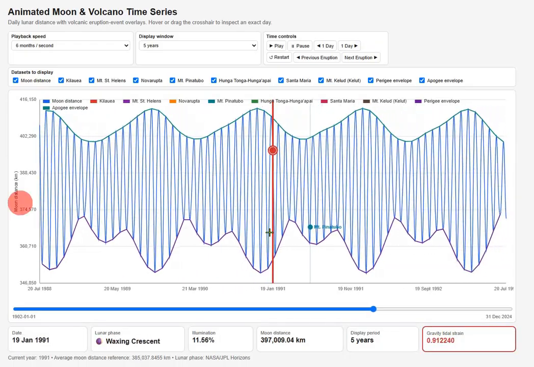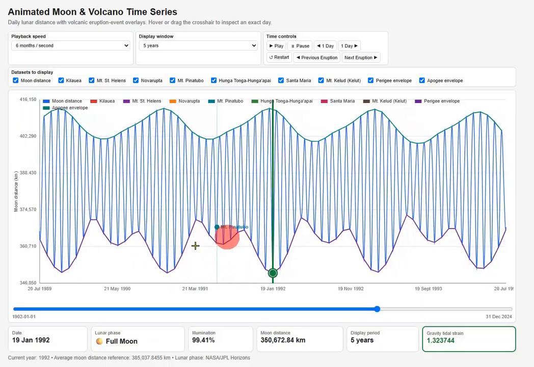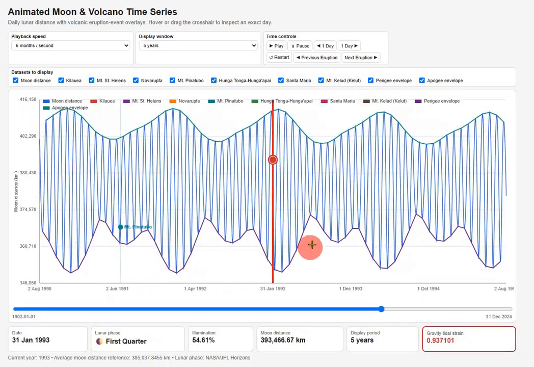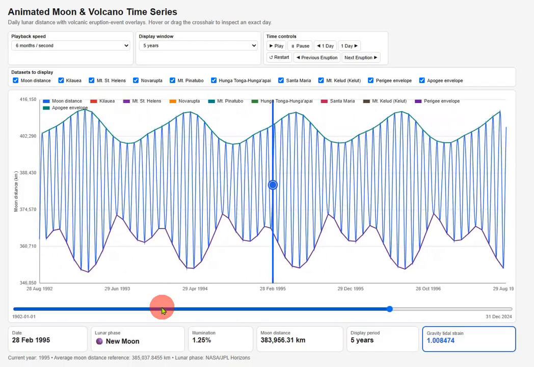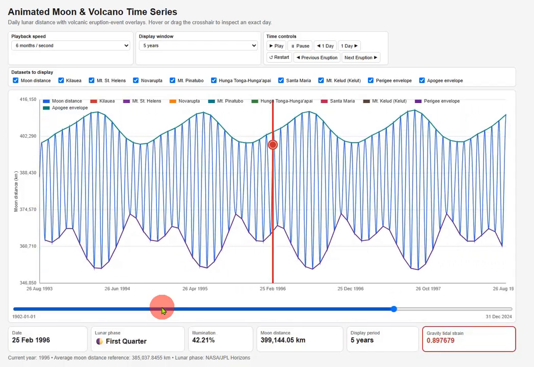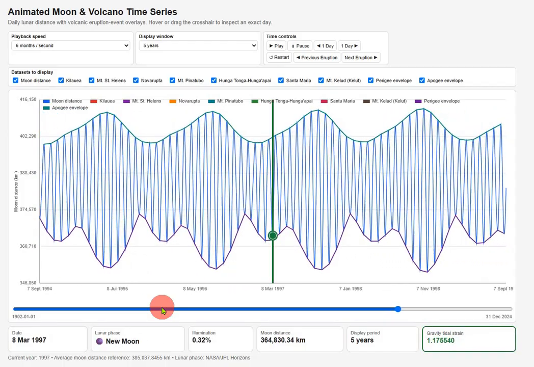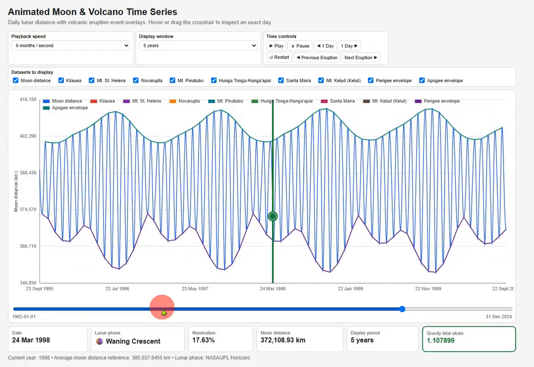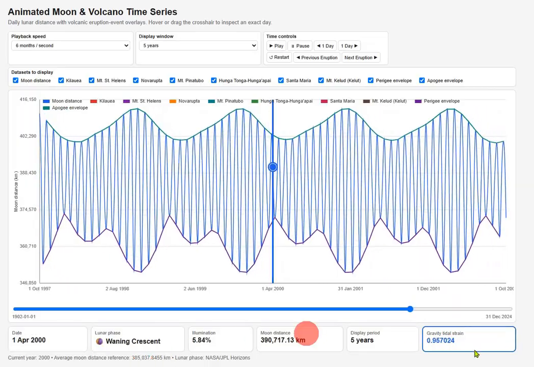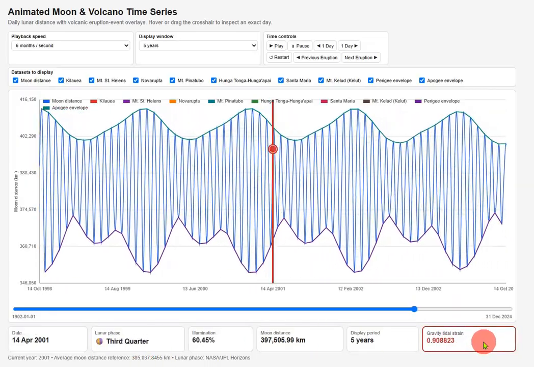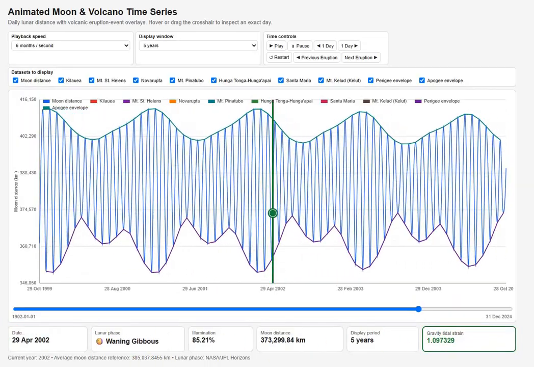Here's Pinatubo right here, coming by pretty darn close to perigee. And I don't know. These are long 14-day one-way cycles, 28-day cycles. There's probably actual math that can be calculated.